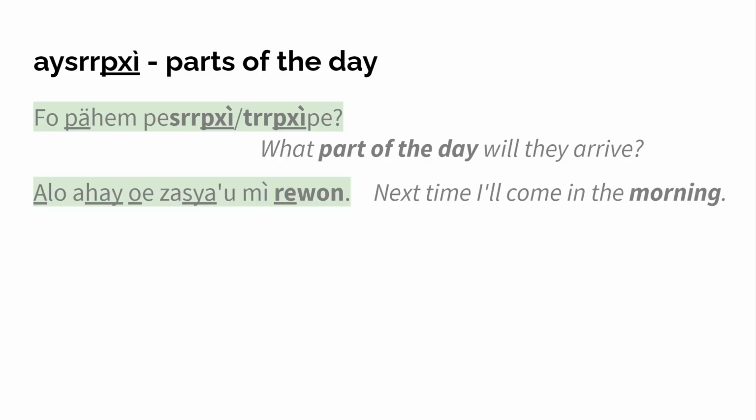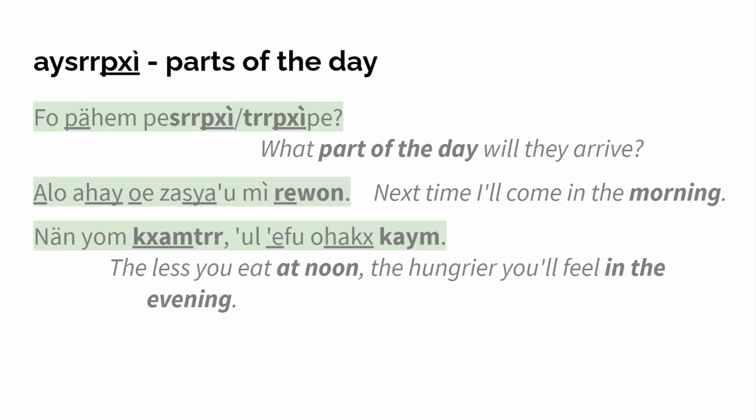Ado ahai oel sasya'u mirewon. Next time, I'll come in the morning. Nen yom kamtr ul efu ohak kaim. The less you eat at noon, the hungrier you'll feel in the evening. One interesting thing you see in this sentence is that in the one before, we had to say mirewon, so in the morning.